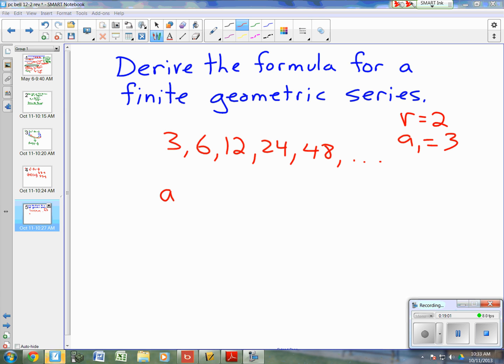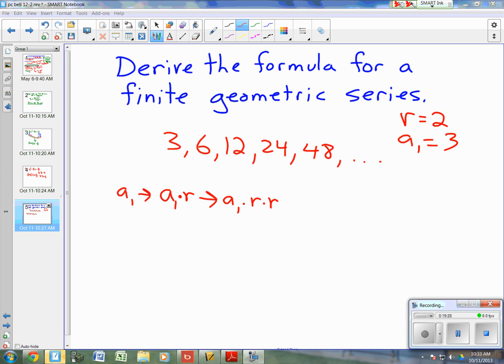And if you take a sub 1 and times it by r, that's going to give you the second term, isn't it? If a sub 1 is the first term, the second term can be gotten by taking a sub 1 timesing it by r. How can you get the third term? A sub 1 times what? Times r, right?